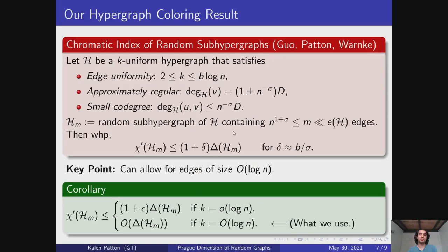And so this result is stated formally here in our main auxiliary result about the chromatic index of random subhypergraphs.